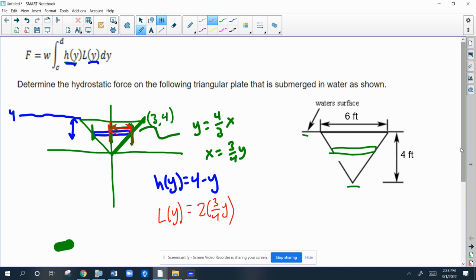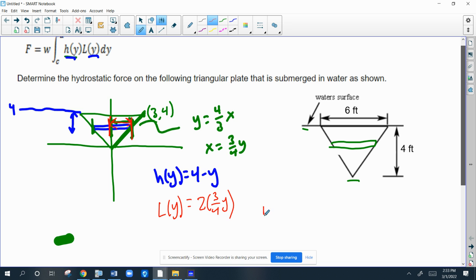So now we're ready to go. Just plug it into our equation. Weight density of water is 62.4 pounds per cubic foot. We have L times H, so it's 3/2 y times 4 minus y.